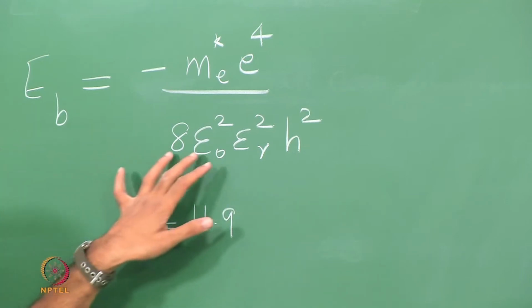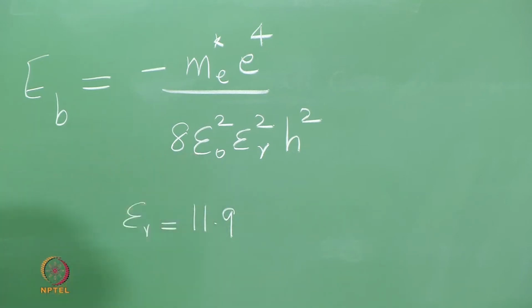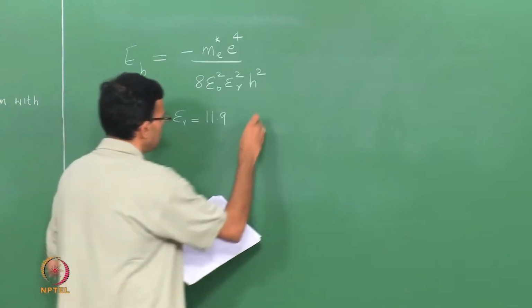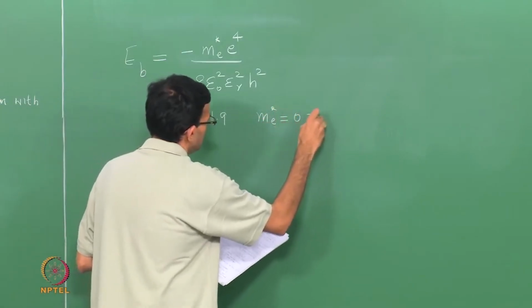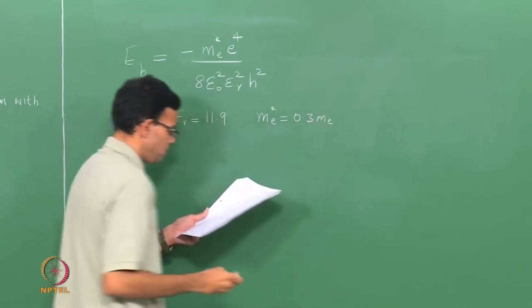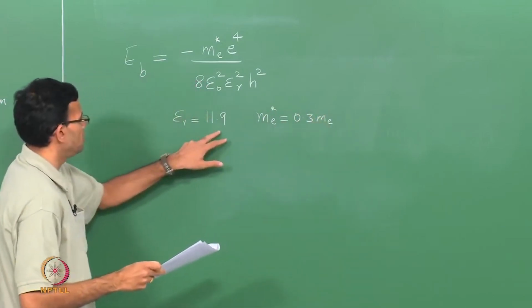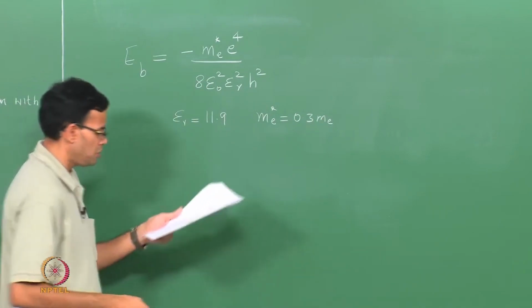So, once again we can substitute the values. m_e star for silicon is approximately 0.3 m_e and epsilon_r is 11.9. So, we substitute the values.